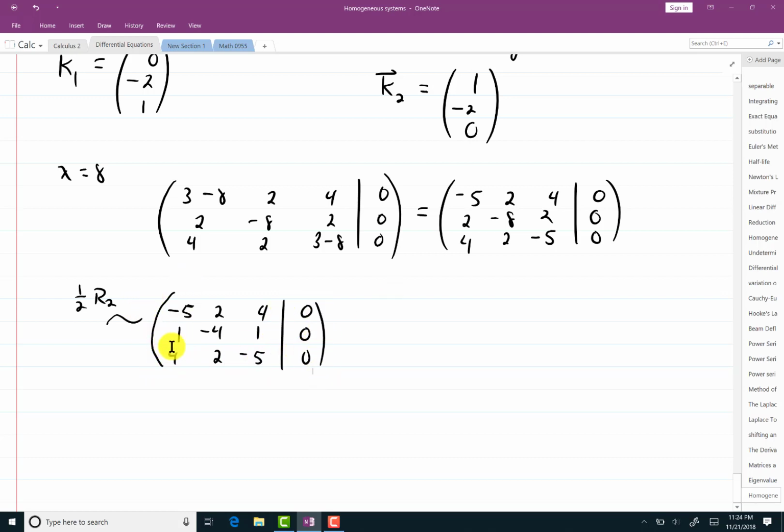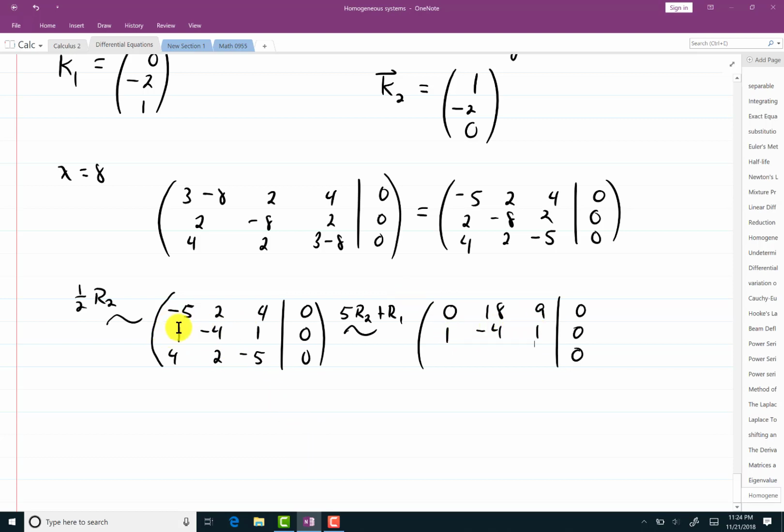This is what I'm going to start working. I'm going to wipe out the first entry by multiplying the second row by 5 and adding it to the first row. So if I do 5R2 plus R1, I'll be able to wipe out the x portion. I'll get negative 20 plus 2 will be 18. 5 plus 4 will be 9. Next, I'll leave that one alone.